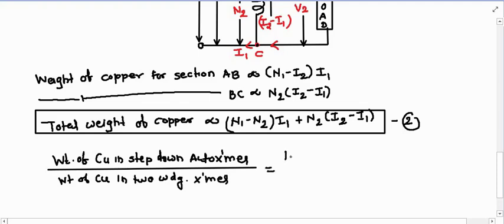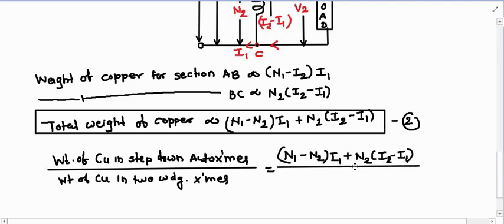It is nothing but equation 2 divided by 1. So N1 minus N2 into I1 plus N2 into I2 minus I1, divided by the weight of copper in the two winding transformer, that is N1 I1 plus N2 I2.